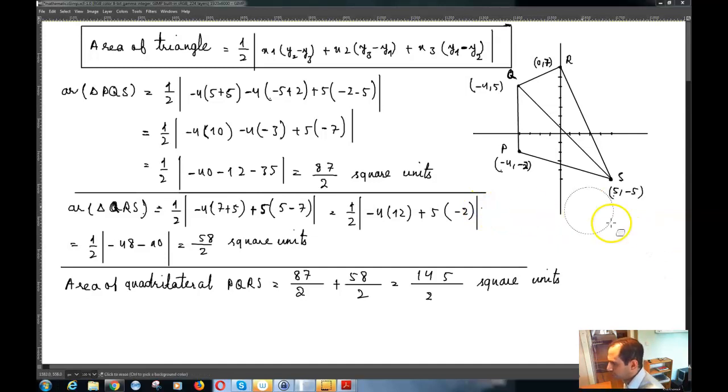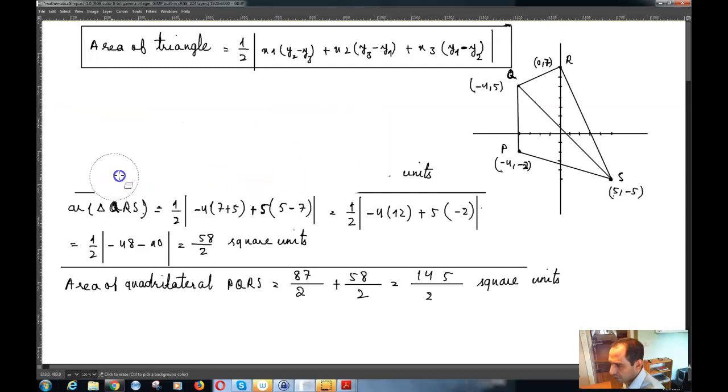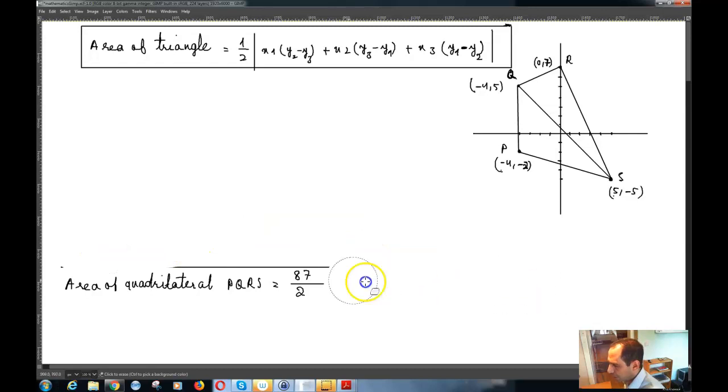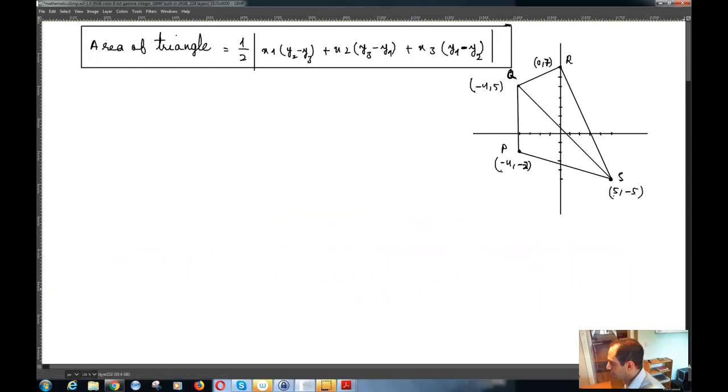Now you want to find the area of this quadrilateral. In order to find it, this is the formula for finding the area of a triangle once the vertices are known. For example, the area of this triangle over here, PQS.